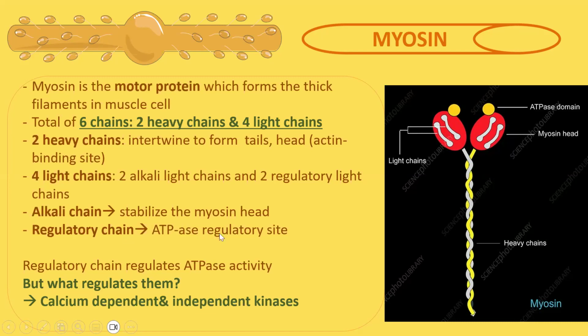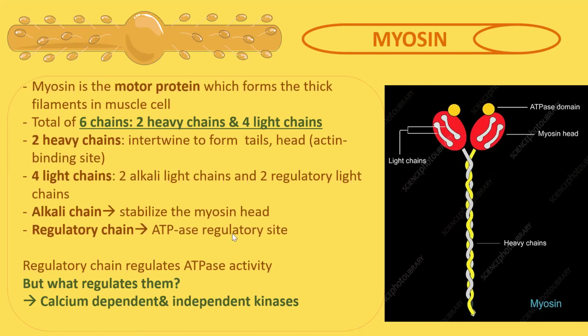It regulates ATPase activity. ATPase is an enzyme which hydrolyzes ATP into ADP and inorganic phosphate. So this regulatory chain will regulate the ATPase itself, so it doesn't go out of control and hydrolyze ATP without us needing it to.